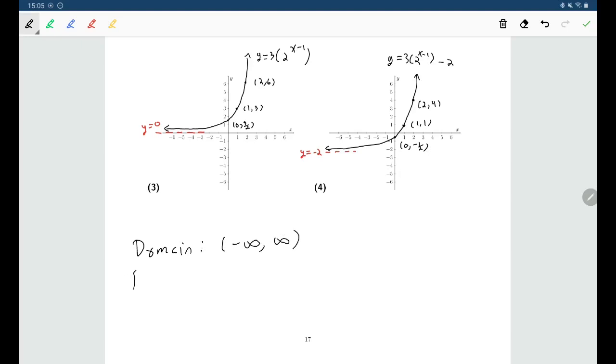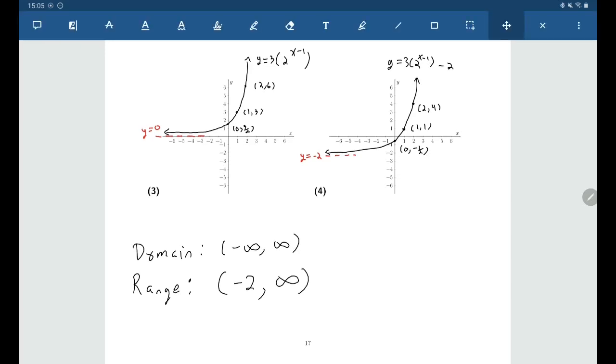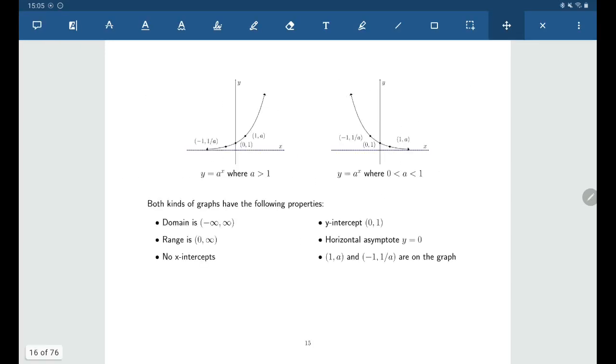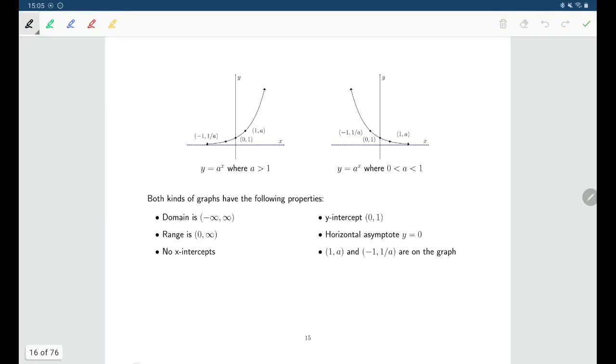And as far as the range goes, if I'm looking at my last picture, I can see that since I have that horizontal asymptote of -2, I'm only getting y values that are larger than -2. We could have probably figured that out, though, from the original properties that we knew that for any exponential graph, the range of a to the power of x is just positive y values.